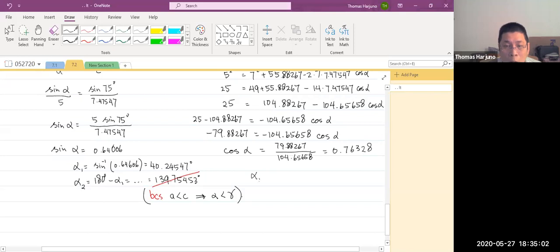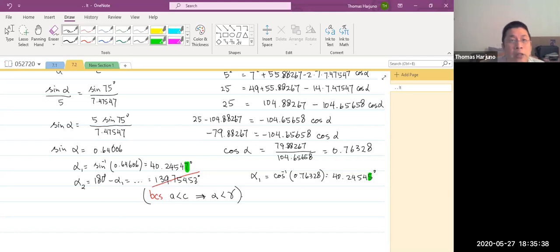So alpha 1 is cosine inverse of that. I get 40.24545 degrees. You see, I have a little bit off, but that's because of the rounding error. Okay, either one is okay.